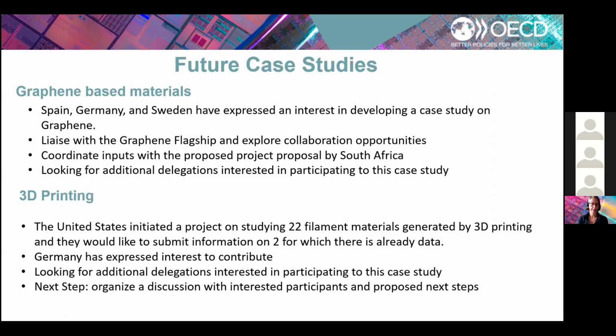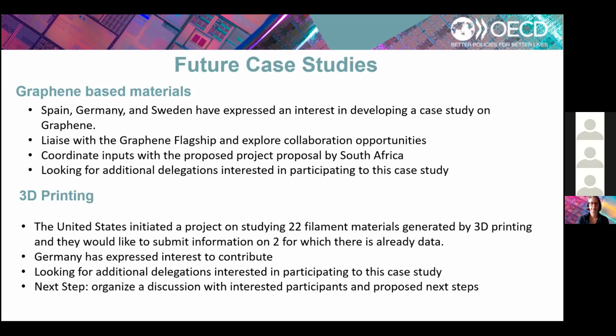And the second or the third case study, which is still under discussion, was proposed by the United States, which is on 3D printing. And here the United States initiated a project on studying a number of filament materials for 3D printing, and where they generate data for these filaments.